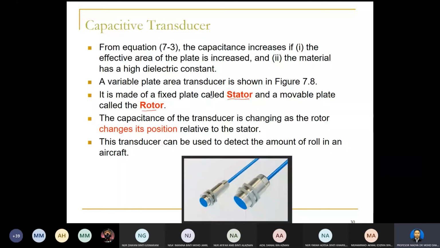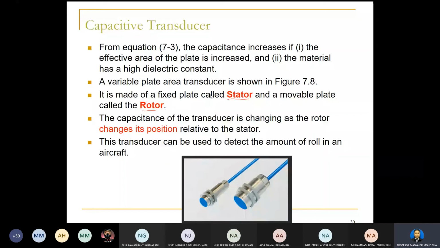Okay, this transducer can be used to detect the amount of roll in the aircraft. The function of the capacitive transducer is to detect the amount of roll.